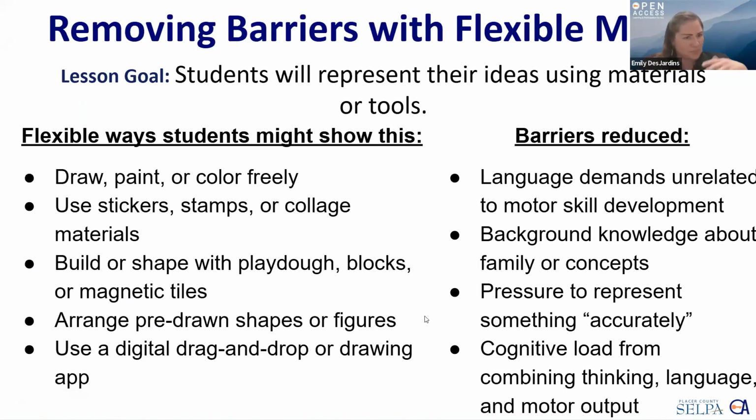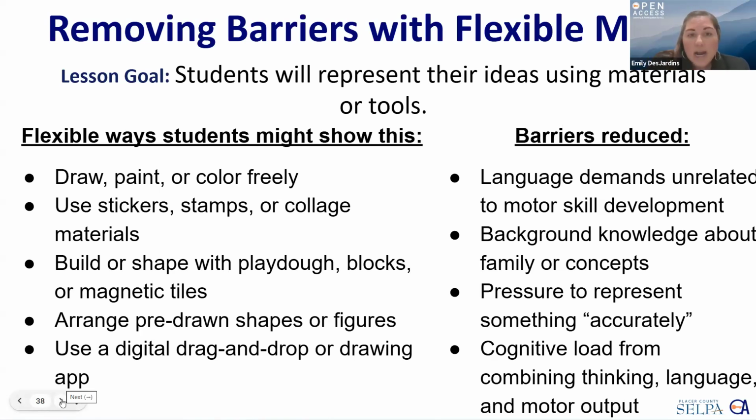They arrange pre-drawn shapes or figures. Maybe they use a digital drag and drop or drawing app. So as you can see, there's a lot of barriers we're removing here for our students, right? Those language demands that really aren't related to that motor skill development, maybe that background knowledge about family, the pressure to represent something accurately. This kind of allows them to do something a little more conceptually.